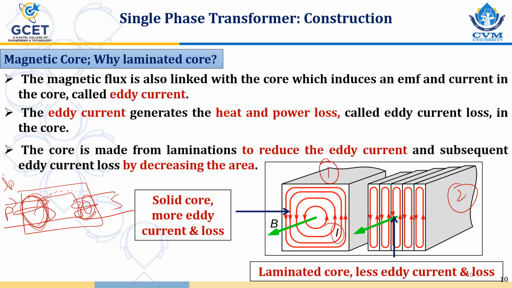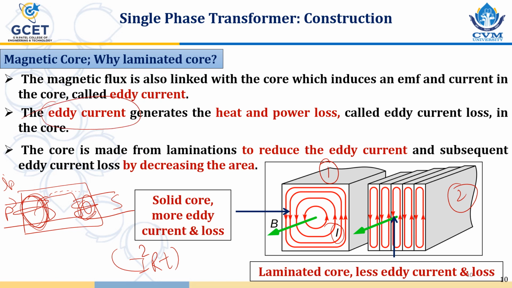As a result, in the core, there will be I square R T losses. These I square R T losses are nothing but heat. So the temperature of the core increases. One more thing, if the area is more, resistance will be less. And if the resistance is less, more amount of eddy current is produced.